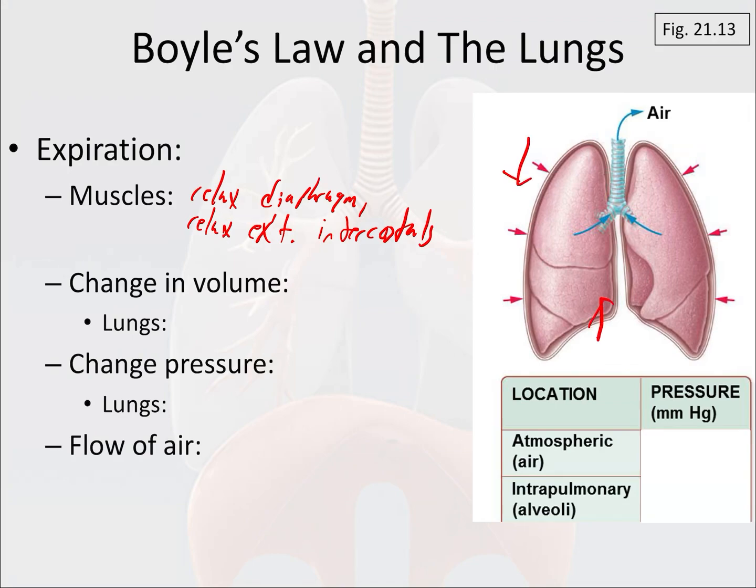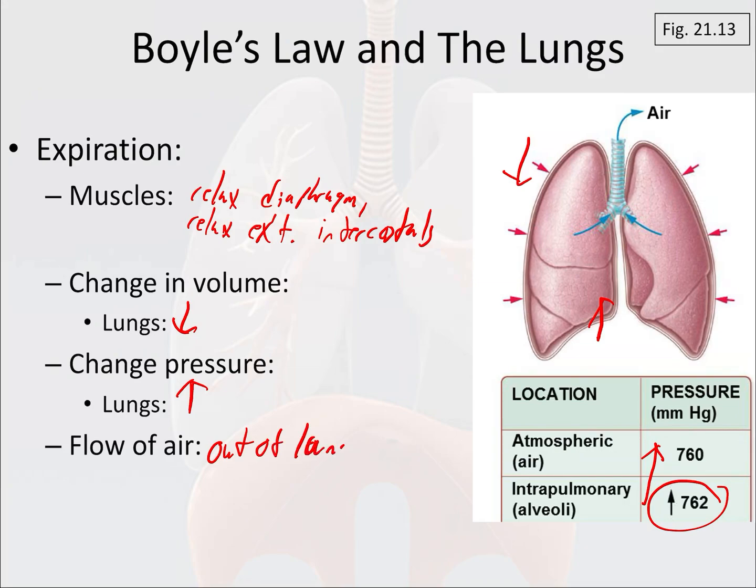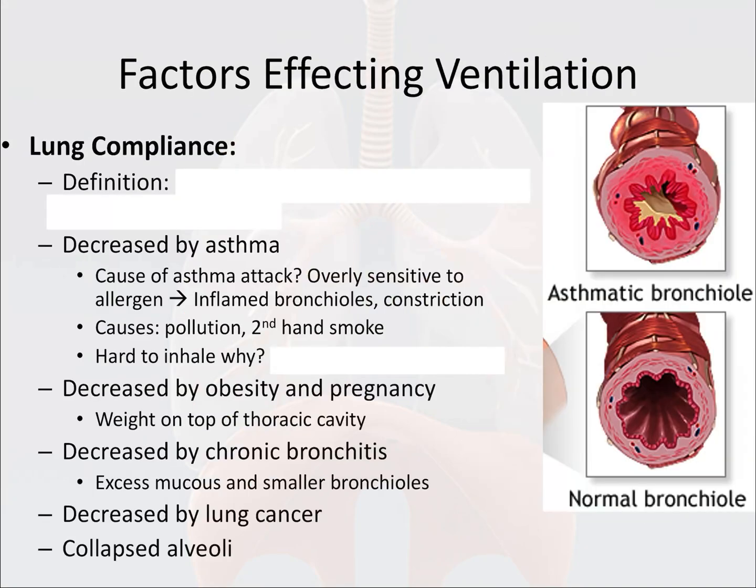Thoracic or rib cage moves down, so we decrease the volume in the lungs. And by Boyle's law, we know that decrease in the volume causes an increase in pressure, and so pressure is going to be higher now in the lungs than it is in the atmosphere. So pressure is going to move the air from high to low, so it's going to move out of the lungs. And that's really what breathing is all about.